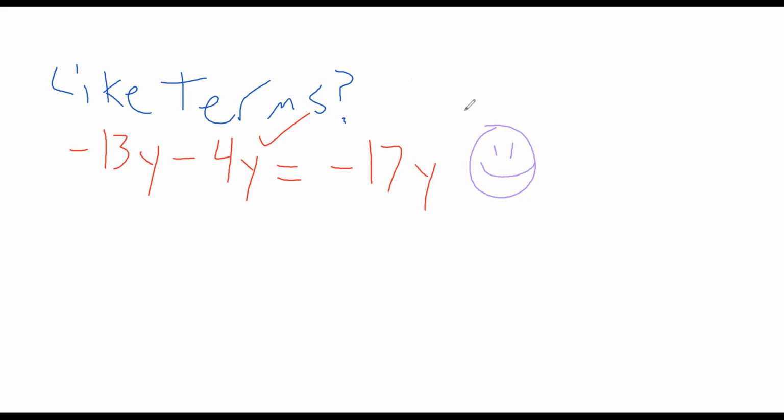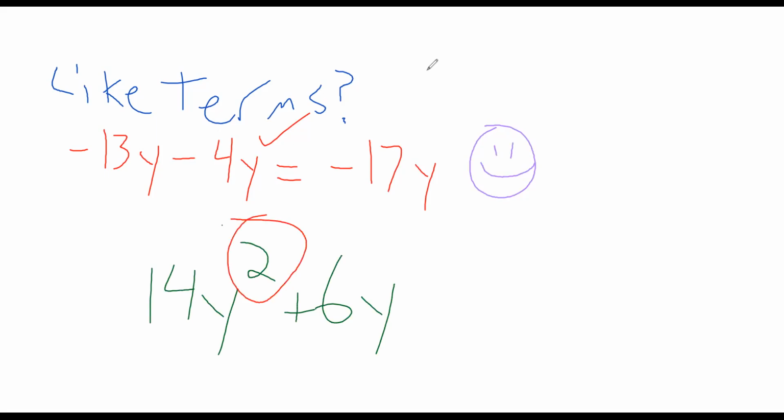How about 14y squared plus 6y? You're tempted to say they are, but they're not, because that's y squared. And when I say they have to have the same variable setup, I mean the same exact letters and the same exact exponents on those letters.